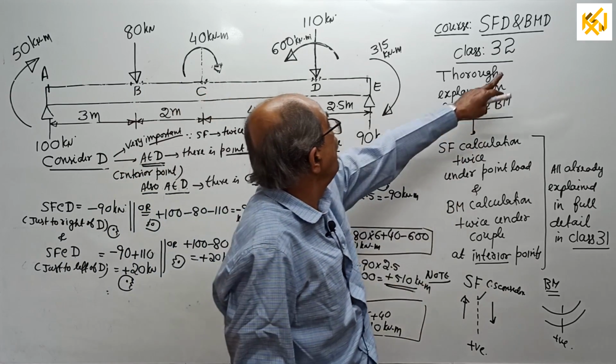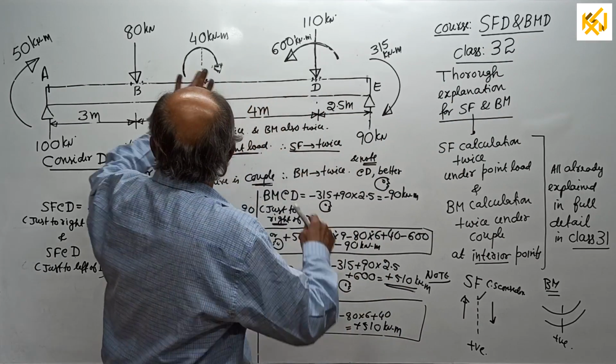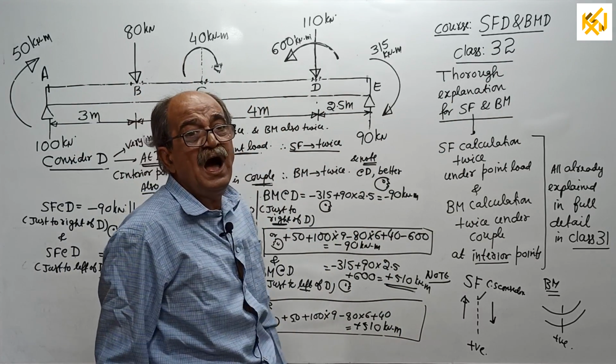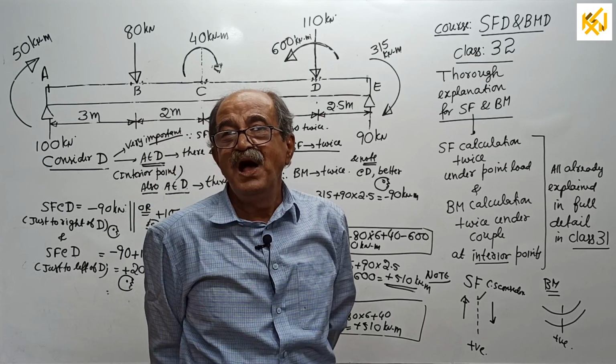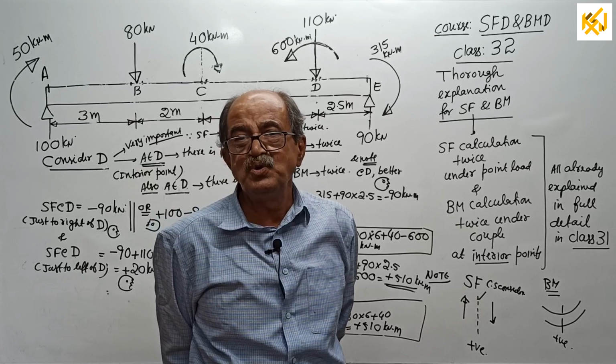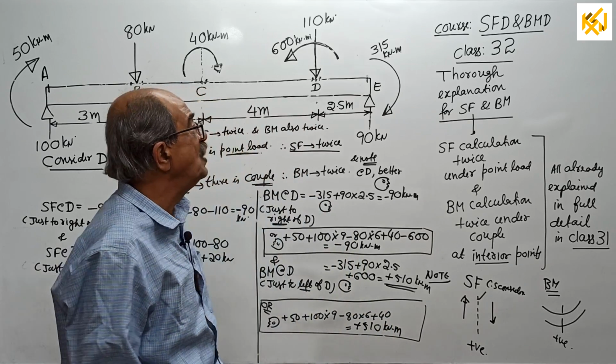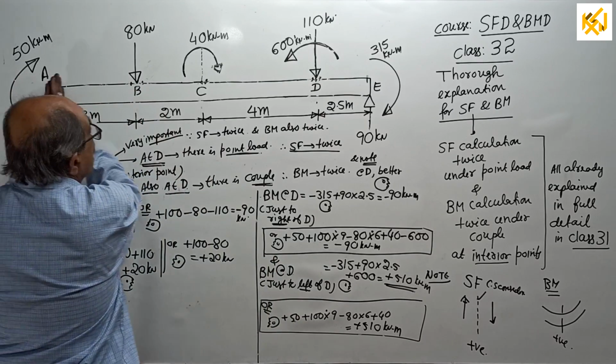Now, in class number 33, what I will do is, I will explain this one. Actually, it will not even take half the time. How during SFD and BMD you have to show the calculation. I will tell you, for SFD, usually you slowly come from this side.